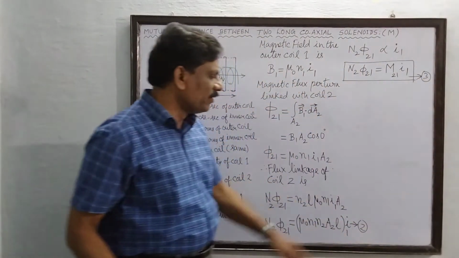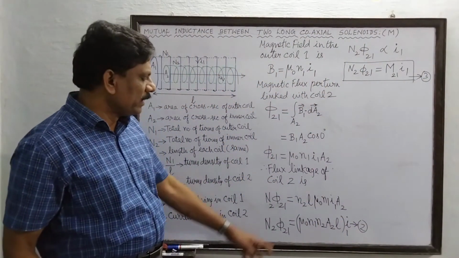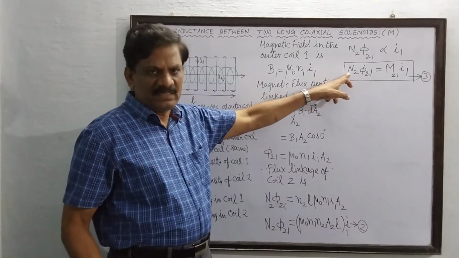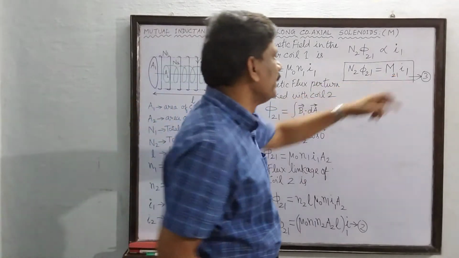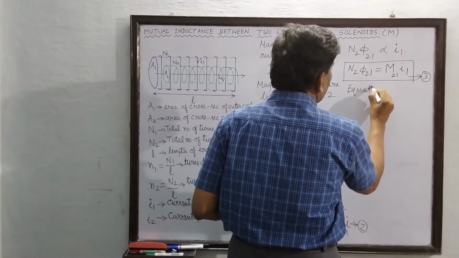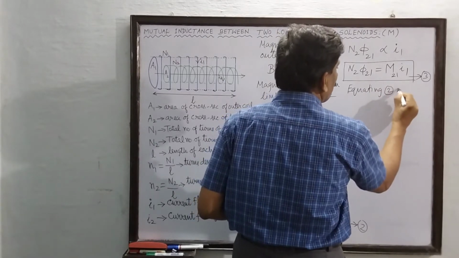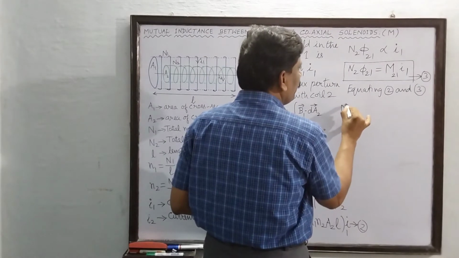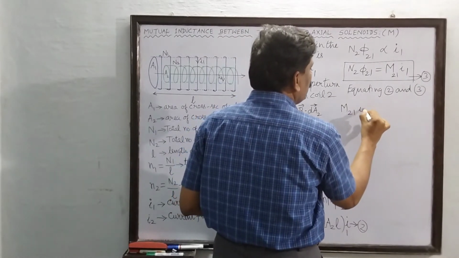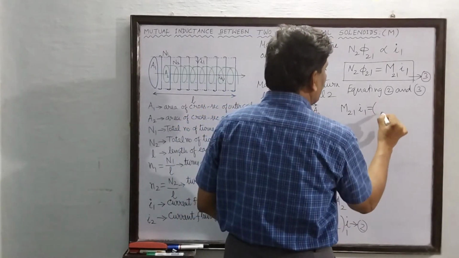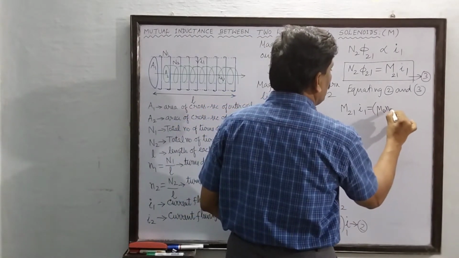Already we have got equation 2. Now, look at the left hand sides of equations 2 and 3. They are the same. So, I am going to equate the right hand sides of equations 2 and 3. Now, M21 into I1 is equal to, you see here in the bracket what terms are there?